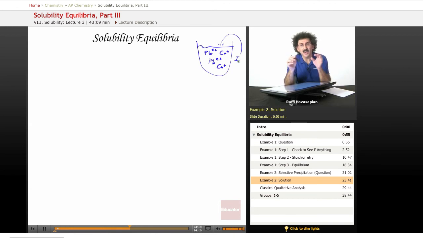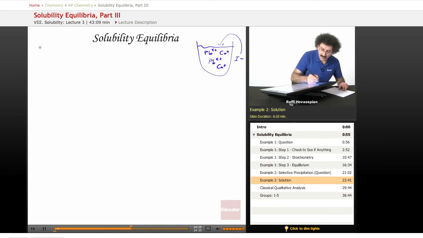Because once the concentration of iodide, let's say for copper, is such that it equals the KSP, it's at that point that a precipitate starts to form. Because a precipitate means it's in equilibrium now with its solid. It's reached its saturation point. There's no more of the iodide and copper that can be in solution together. The rest of it is just going to fall out as solid copper iodide. And the same for lead.